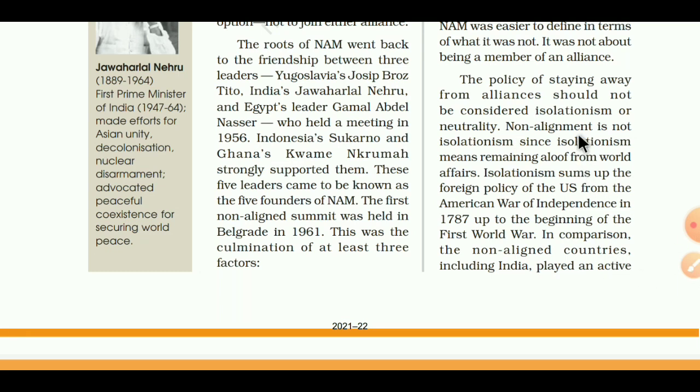So non-alignment is not considered isolation. They were staying away because they were not interested in the personal matters of the US and USSR.